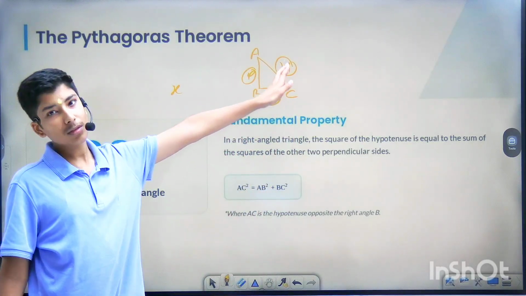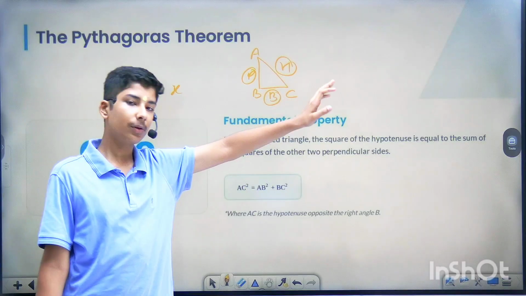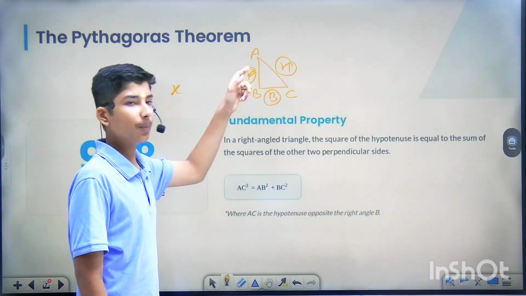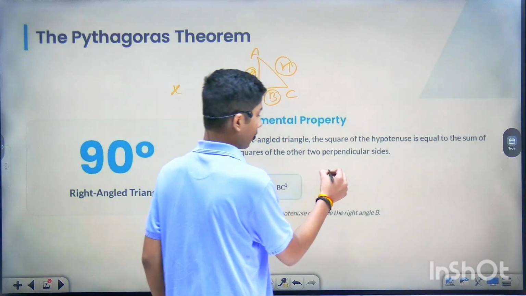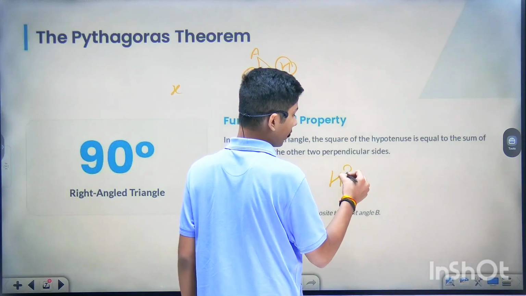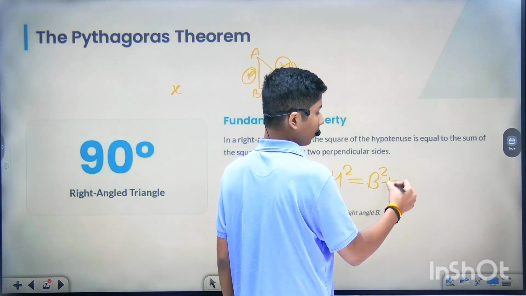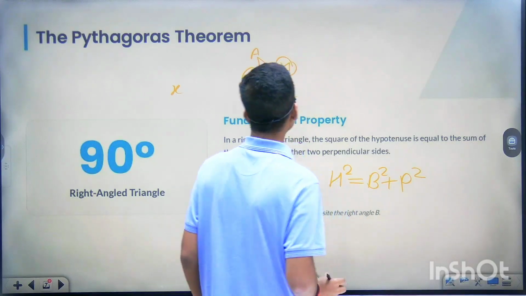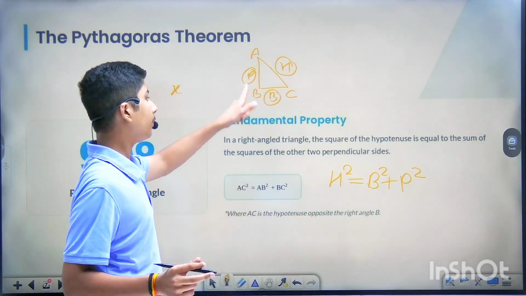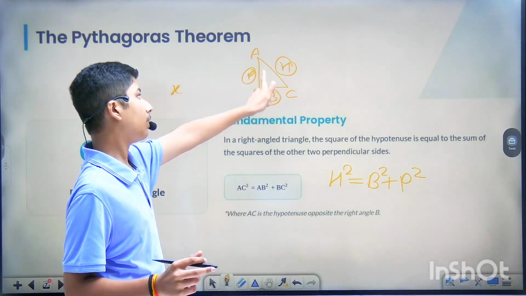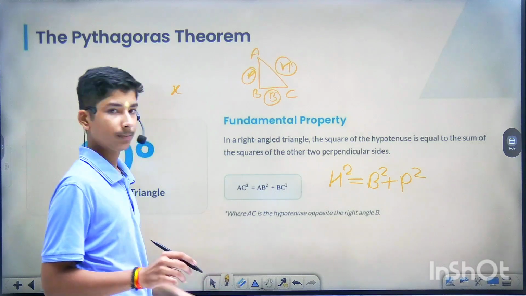Then the square of the hypotenuse will be equal to the sum of the squares of base and perpendicular. Meaning h square equals b square plus p square. It means that AB square plus BC square will be equal to AC square. Okay.